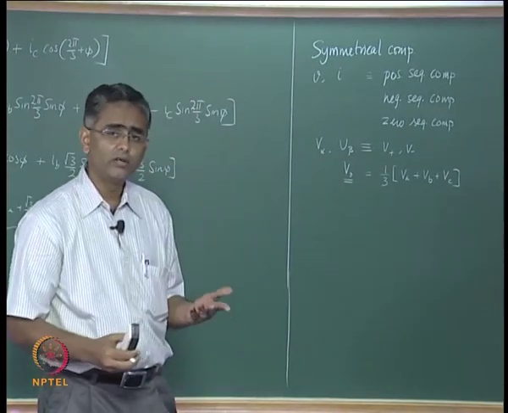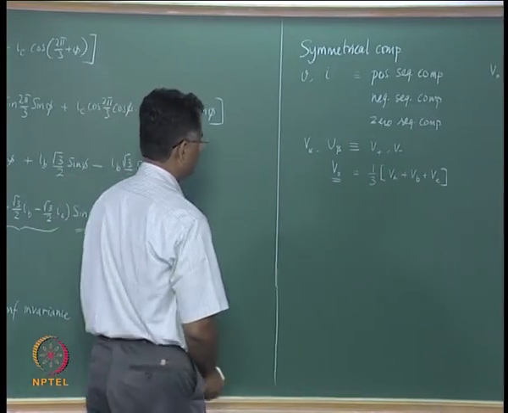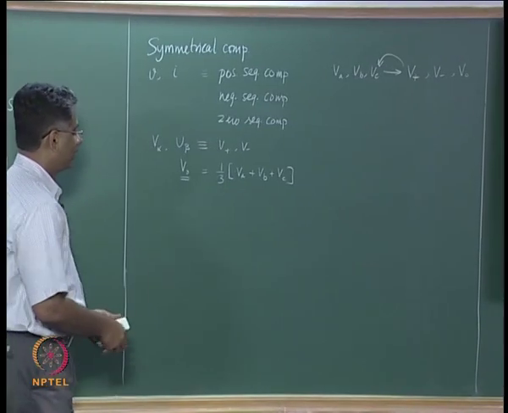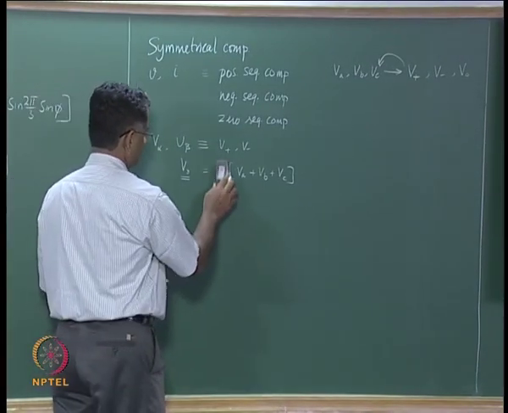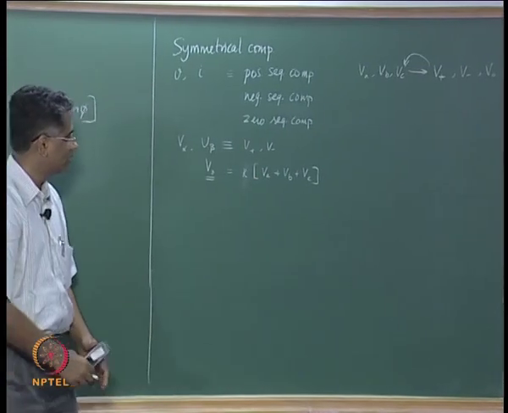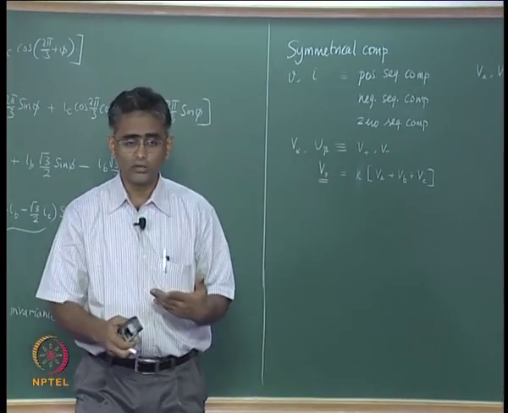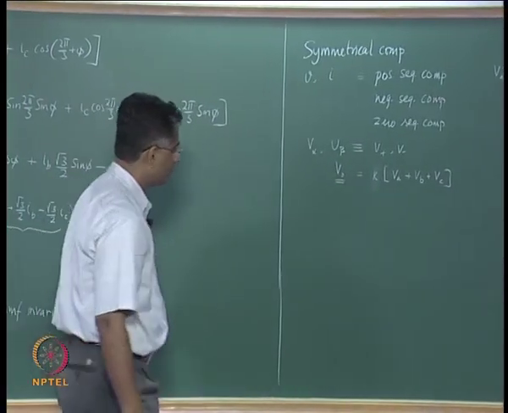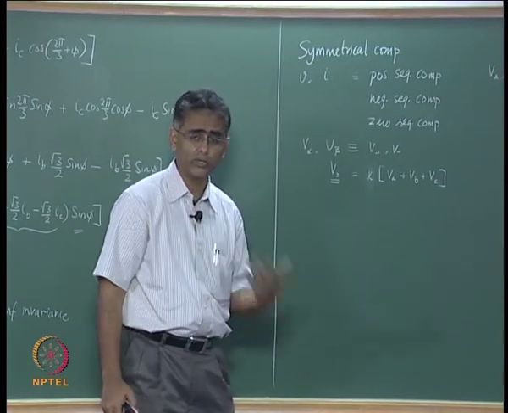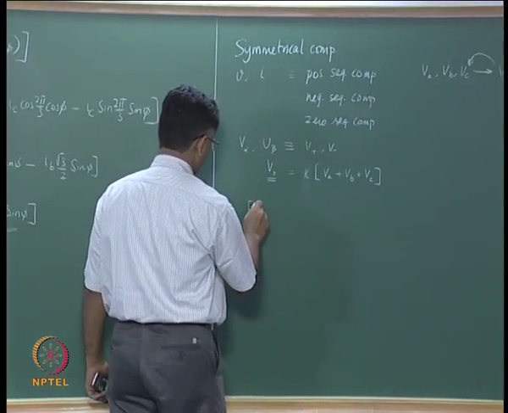What we want is only a representation of the symmetrical component, and therefore it need not necessarily be 1/3, it could be any number k which is then used to multiply VA, VB and VC. And therefore if you want to have a system that is a square matrix, one can do it in this way.